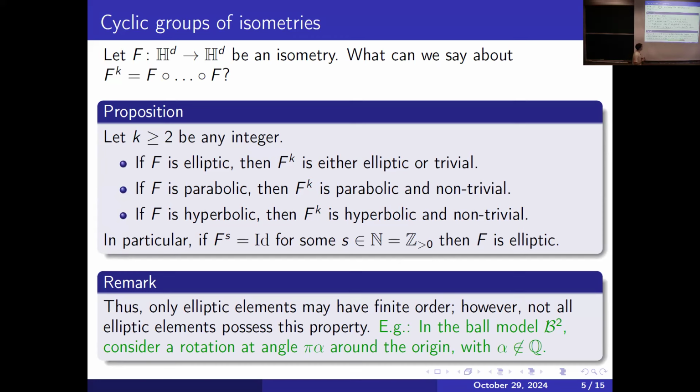Only elliptic elements may have finite order, but nevertheless, there exist elliptic isometries of infinite order. All other isometries, parabolics and hyperbolics, are of infinite order, and their powers preserve the type of this isometry. Okay.